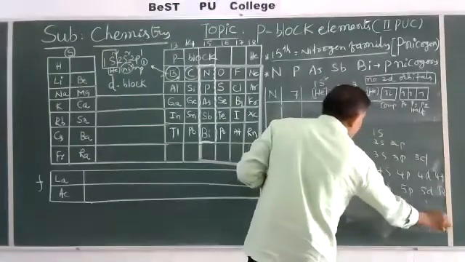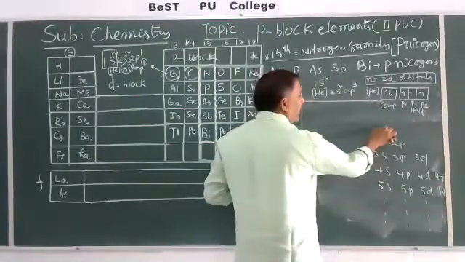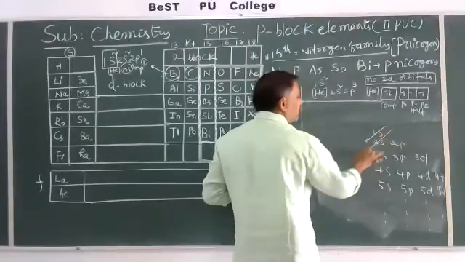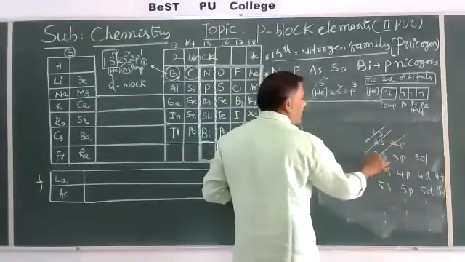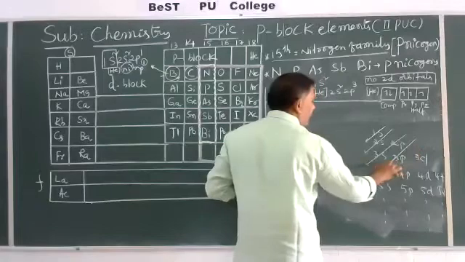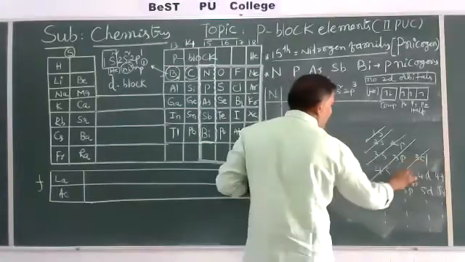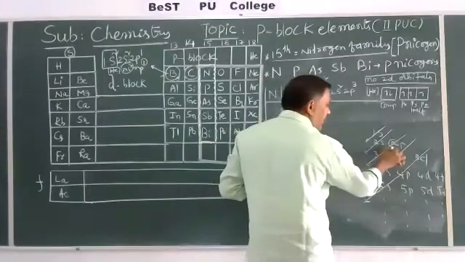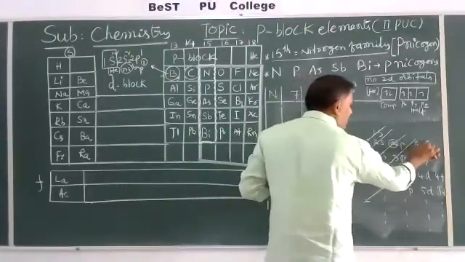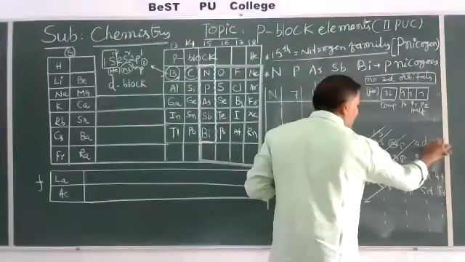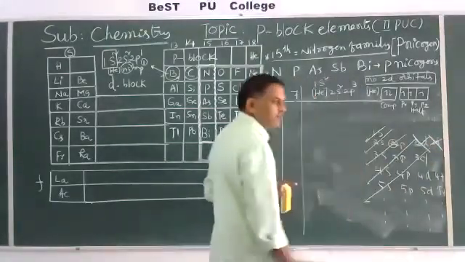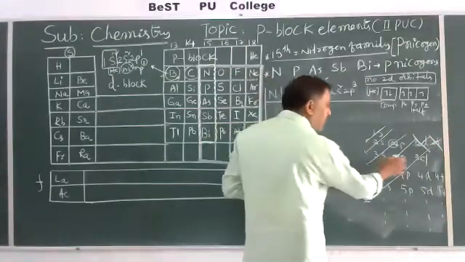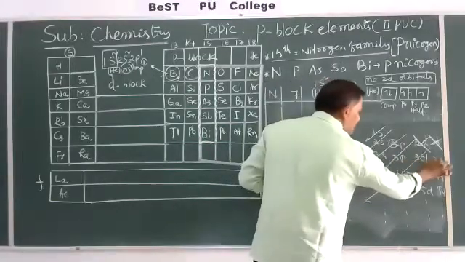The order is 1s, 2s, 2p, 3s, 3p, 4s, then 3d, 4p, 5s and so on. In the second main energy level there is no 2d and no 2f. And in the third main energy level, after 3d, there is no 3f.